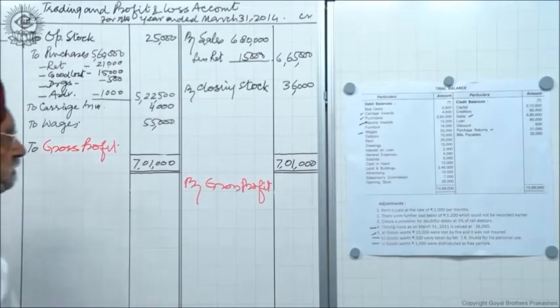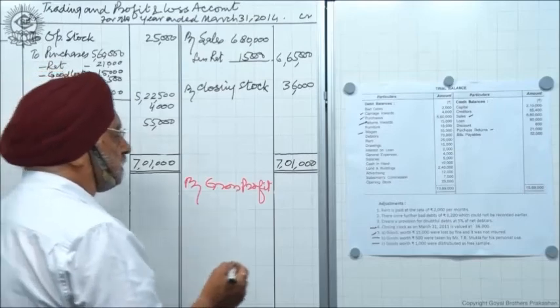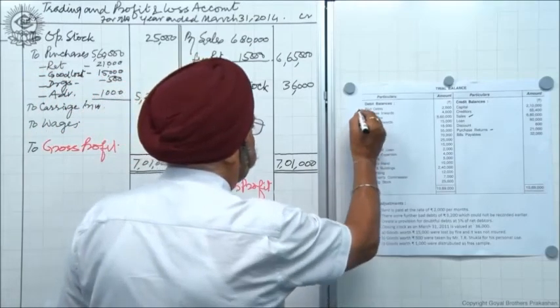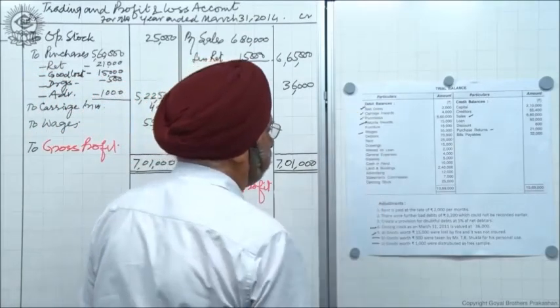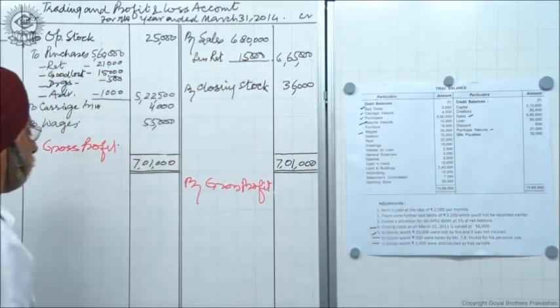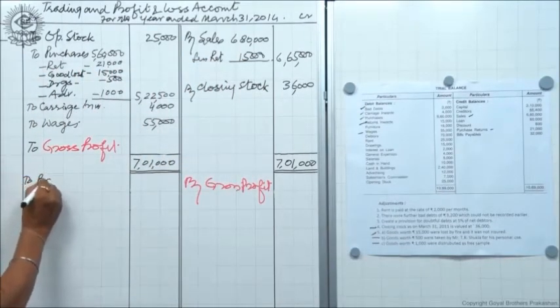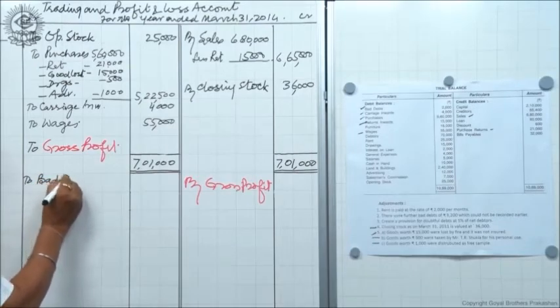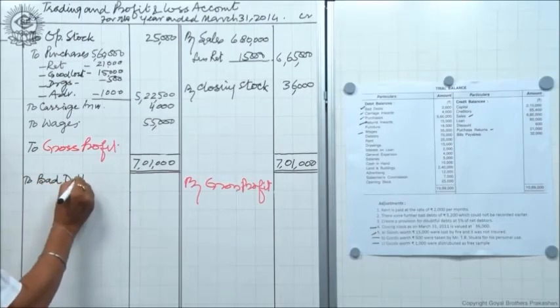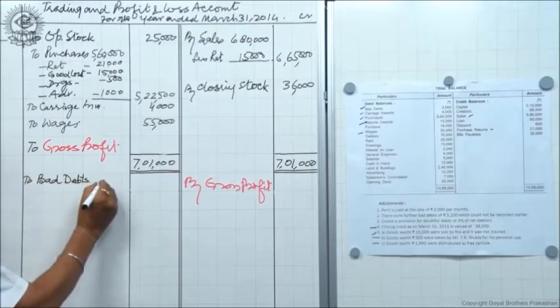Let us complete the profit and loss account. So in the profit and loss account we have other items. Here are bad debts. Let us take this item first. 2,000 are the bad debts. Bad debts, they are 2,000.